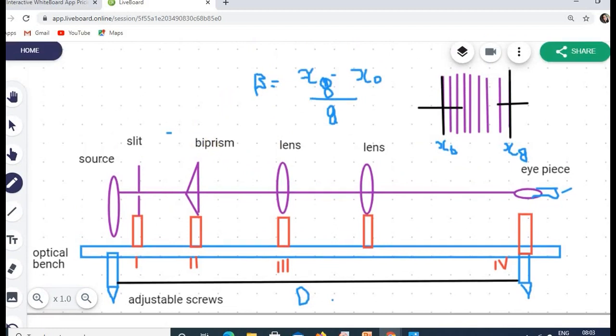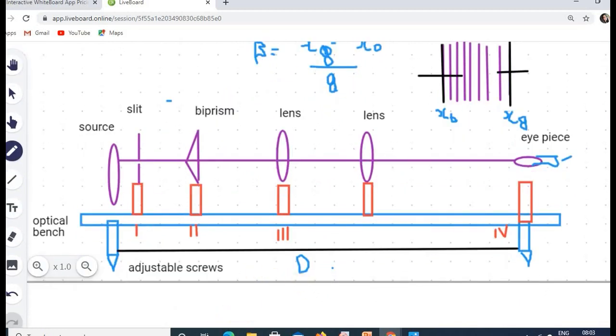So you have obtained beta, you have obtained capital D, and the expression for wavelength is lambda equal to beta d by D. So we have to find out what is small d, and that small d is the distance between these two virtual sources that you can't see directly, right?